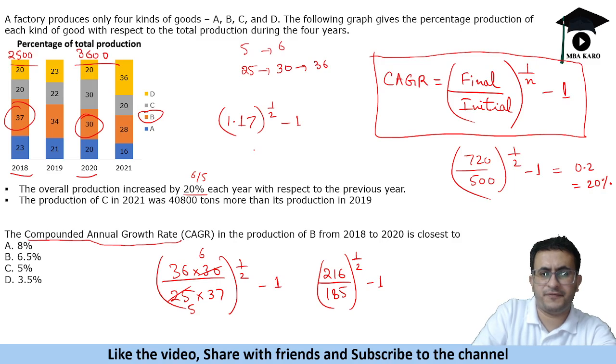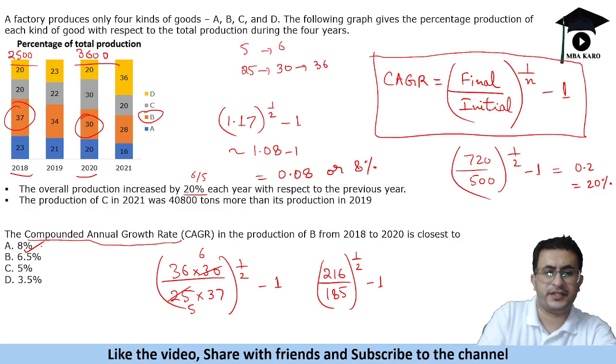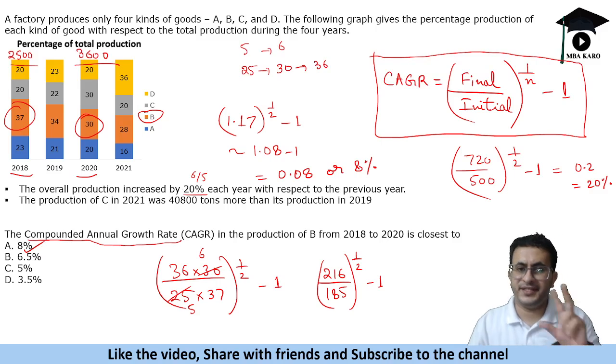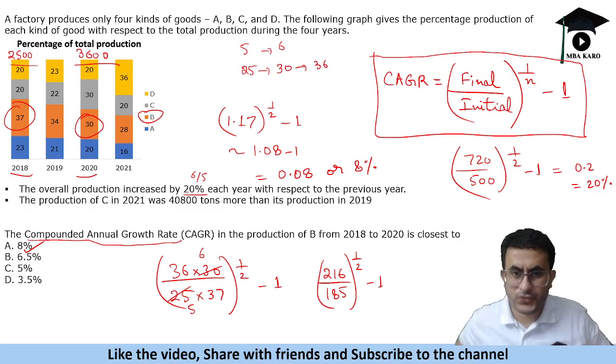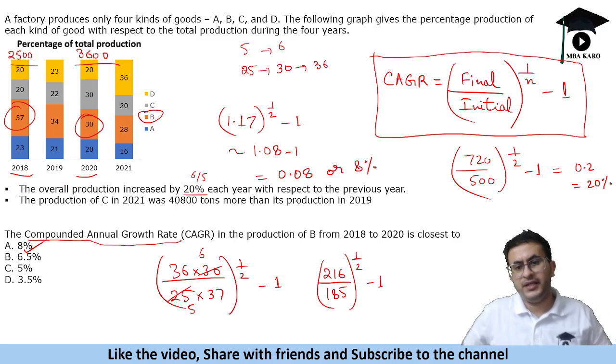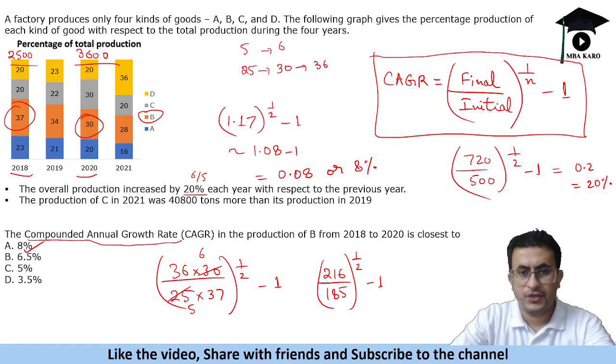So this would be somewhere around 1.08 roughly, minus 1, or 0.08 or 8%. So roughly it is going to be 8% increase. We know that in 2 years it is 17% increase, so in 1 year it is approximately 8% increase. So that's how you find CAGR. Difficult calculations, but made simple by using the right values in the calculation.